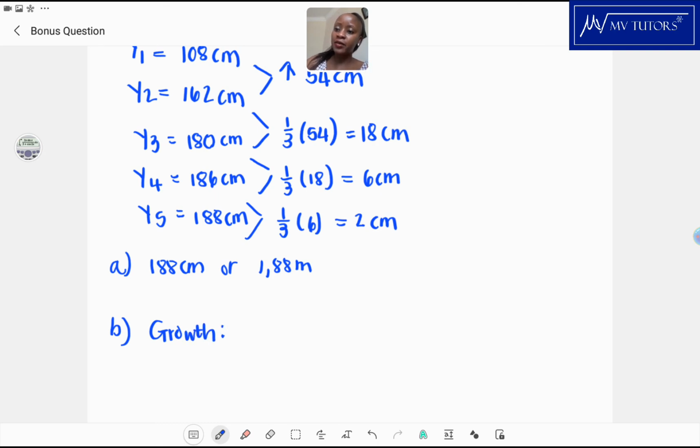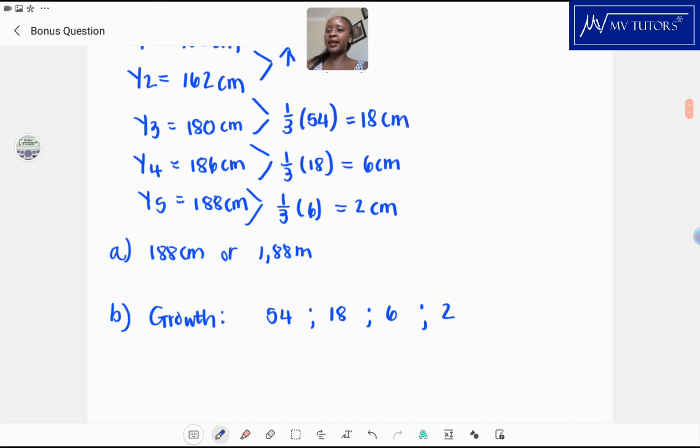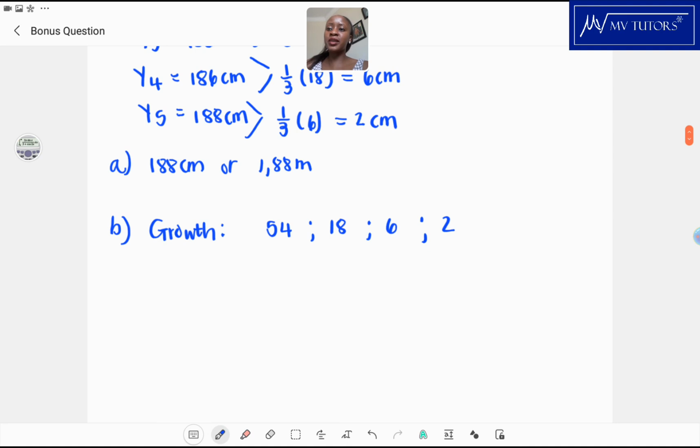So we had 54, 18, 6, 2. You realize that to get from 54 to 18, we had to multiply by a third or divide by 3.